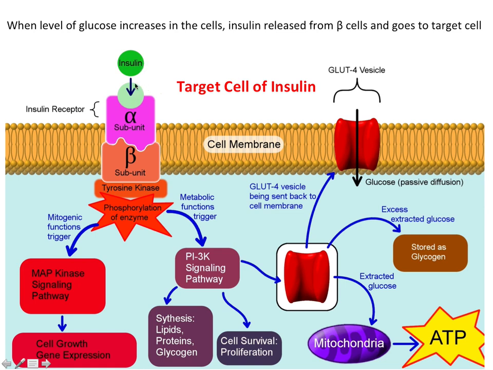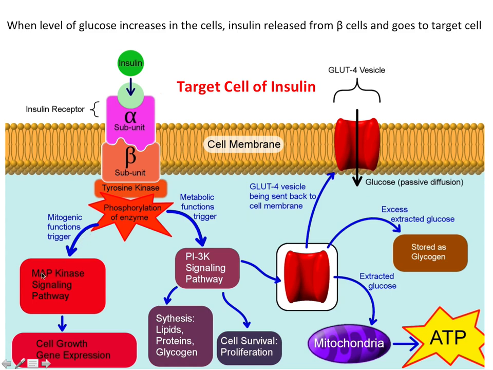Here you can see the target cell and the receptor of the insulin is present in the target cell, and the receptor is a tyrosine kinase receptor. Once insulin binds to this receptor, the tyrosine kinase gets activated and phosphorylated, and it can trigger the mitogenic function.